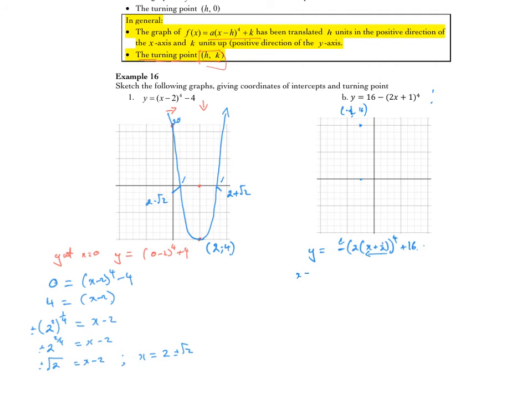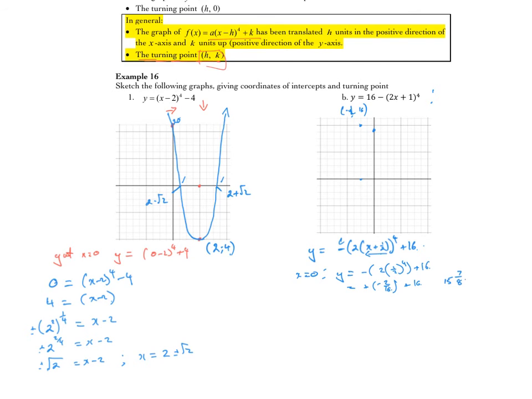If I put x equal to 0, y is equal to negative 2 times 0 plus a half to the 4, plus 16, which is equal to negative, a half to the power of 4 is 1 over 2 to the 4, which is 1/16, times 2. So that's negative 2/16, with the negative out the front, plus 16. What's that? 15 and 7/8. So just a little bit less than 16.